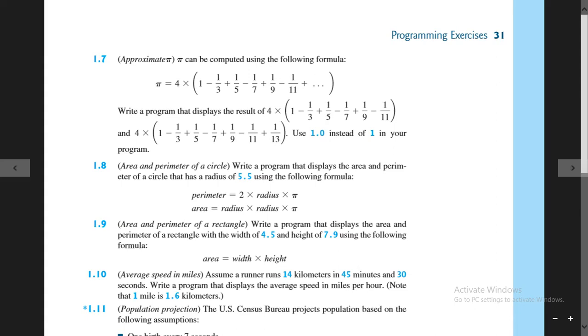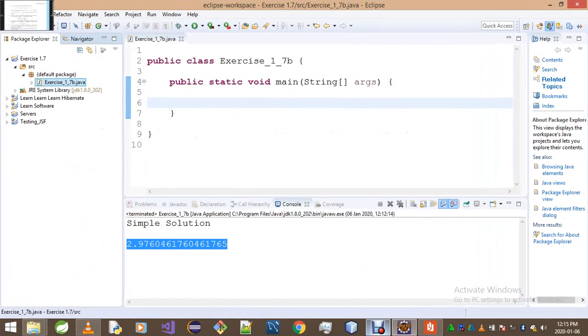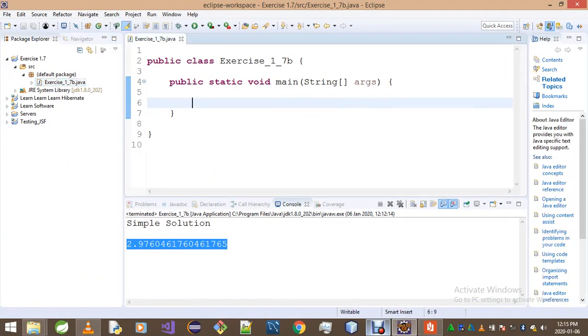We are asked to write a program that displays the results of this and of that. We're going to use 1.0 instead of 1 in our program. It's better to know why they even say that. Why are they asking us to use 1.0 instead of 1?